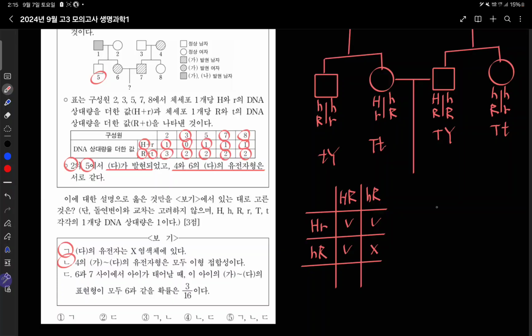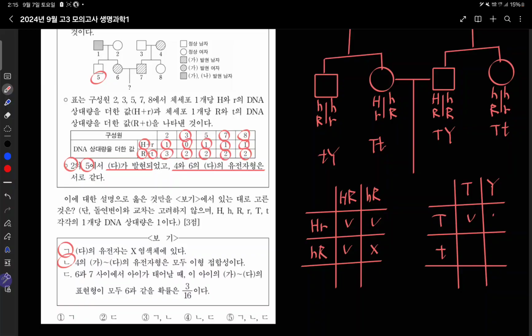And for the third trait, the child should not have the third trait.